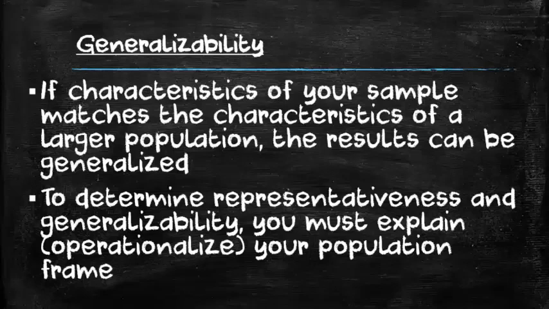So in order to determine when you're reading research whether or not the research is representative or can be generalized, you have to know what your population frame is. So you have to be able to pick those things out, and sometimes when you're reading research, especially from just a general type of news article on the internet, that information might be left out. So you're going to need to do some additional work.